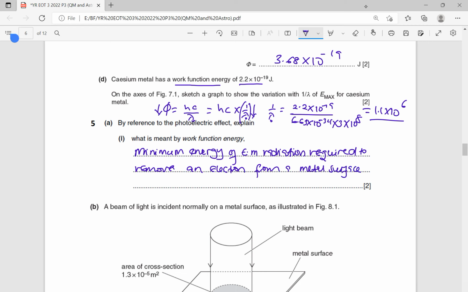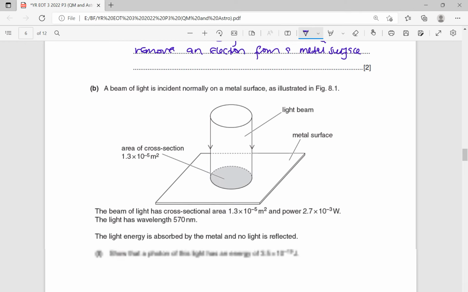The minimum energy of electromagnetic radiation required to remove an electron from a metal surface, that is the work function energy.